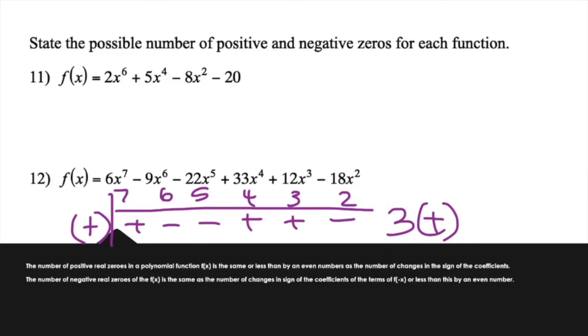But if you remember the rule that's listed down here, the rule says that it's also less by an even number. So I subtract 2 from that and I get 1. So I could have 3 or 1 possible positive root. To do the negatives, I'm going to have to move this up a little because there's not enough room down there.